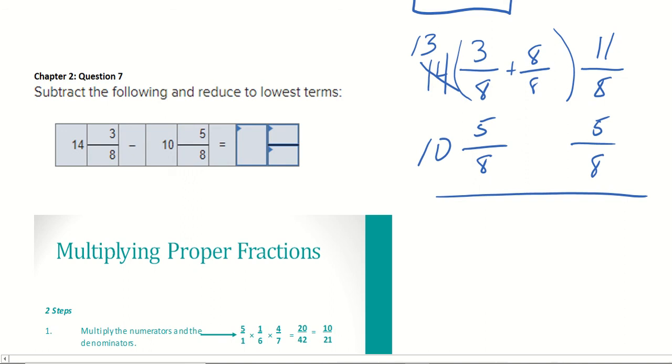And that is going to give us 13 minus 10 is 3. 11 minus 5 is 6. And then 8. And we know that 2 goes into 6 3 times and 8 4 times. So our answer is 3 3/4.